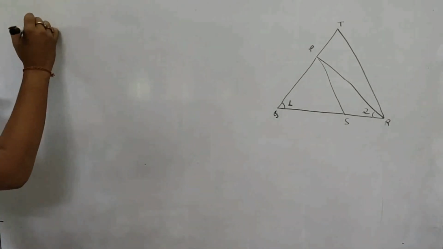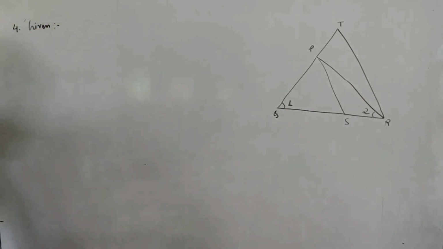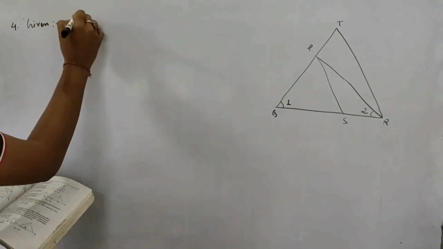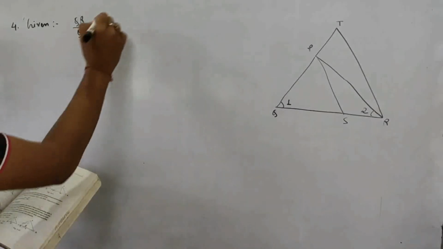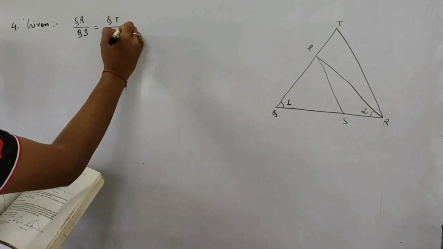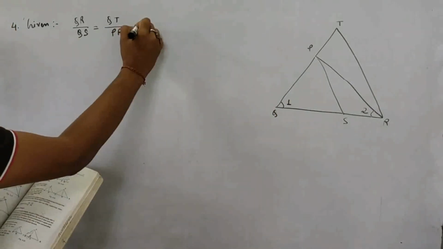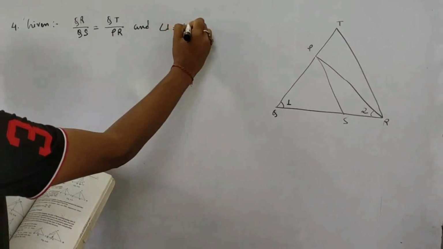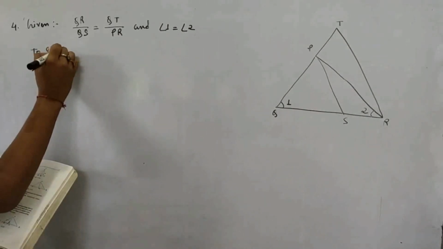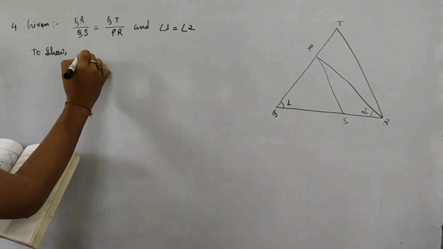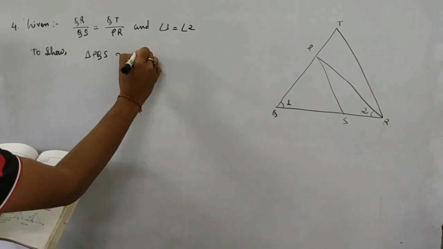So you write, given, question number 4: QR by QS will be equal to QT by PR, and angle 1 is equal to angle 2. Show that triangle PQS is similar to triangle TQR.